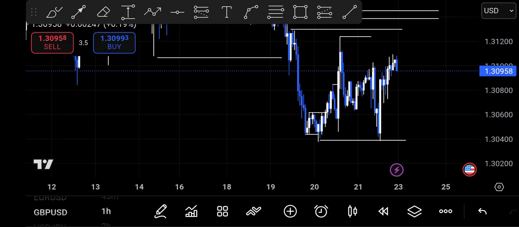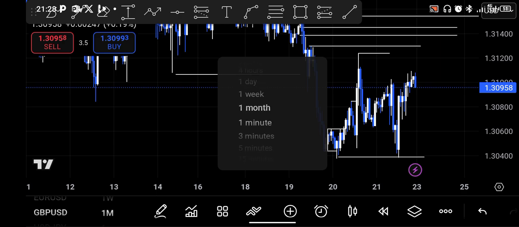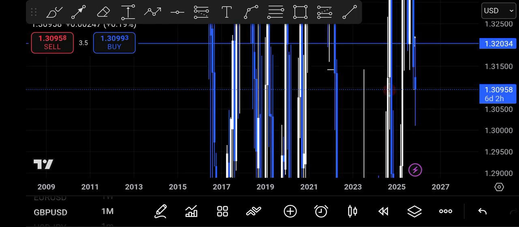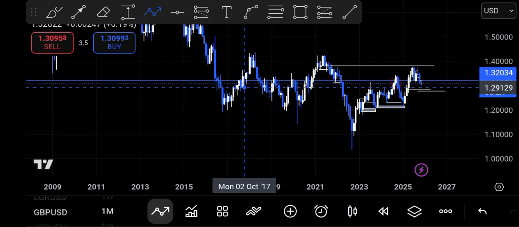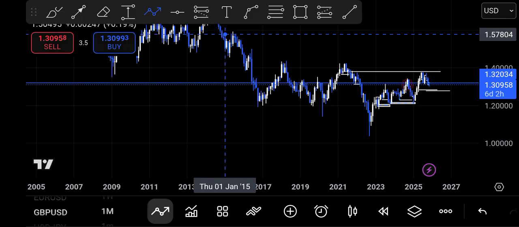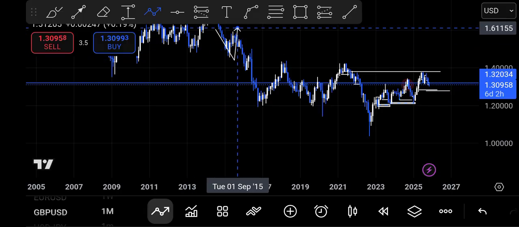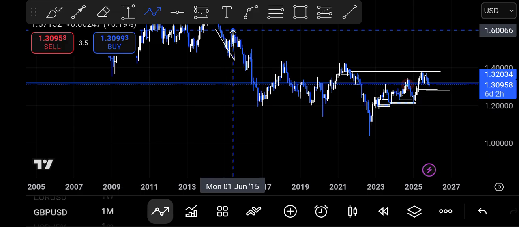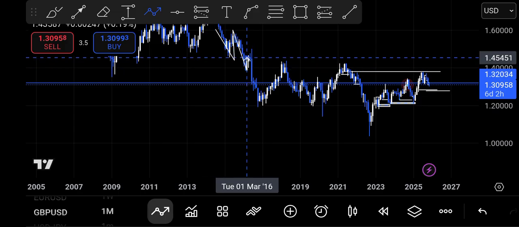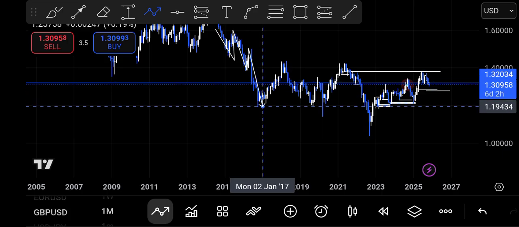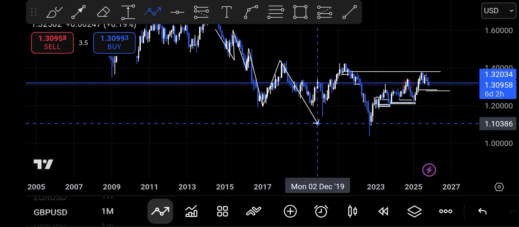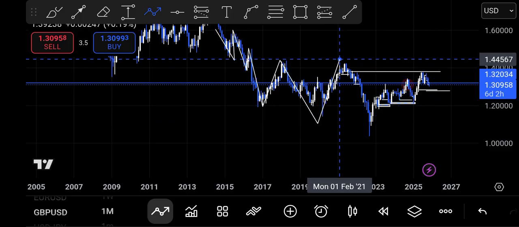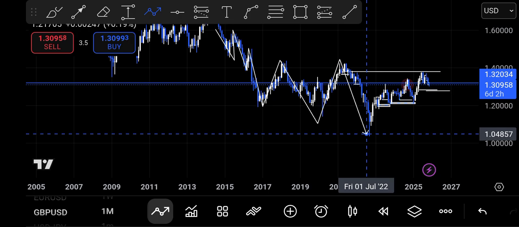From the monthly time frame, I checked the overall bias of the market, which is price moving in a strong downtrend: price creates a lower high, breaks structure to the downside, creates another lower high, breaks structure to the downside, and also creates another high and breaks structure to the downside. So this means we're in a strong downtrend in a higher time frame, which is the monthly time frame.